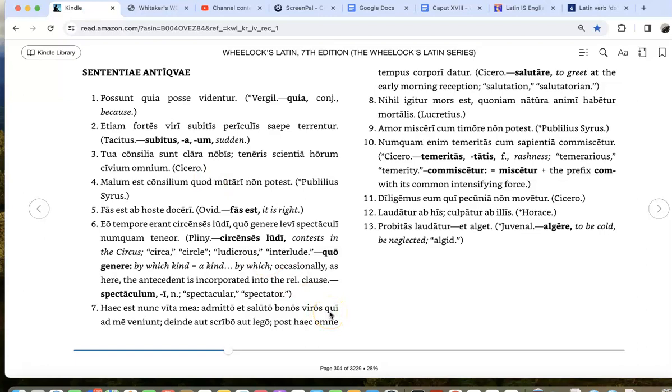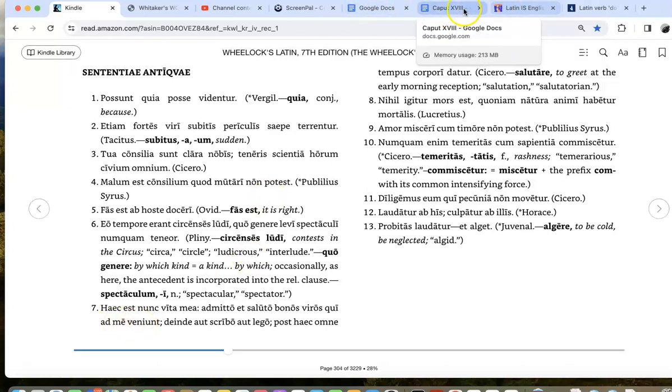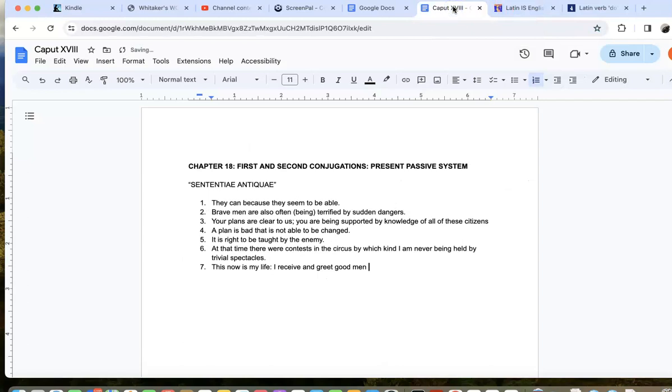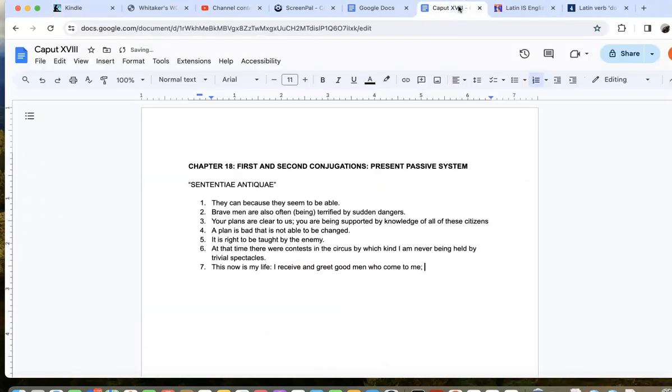Who, there's our relative pronoun from chapter 17, who come to me. Literally, so who come to me. It's fairly straightforward. Who, in other words, who come to visit me. Then, aut means either or. Then either I write or read. So deinde means then.